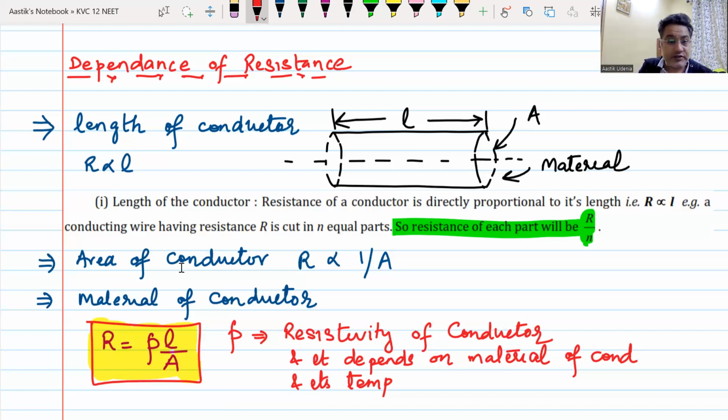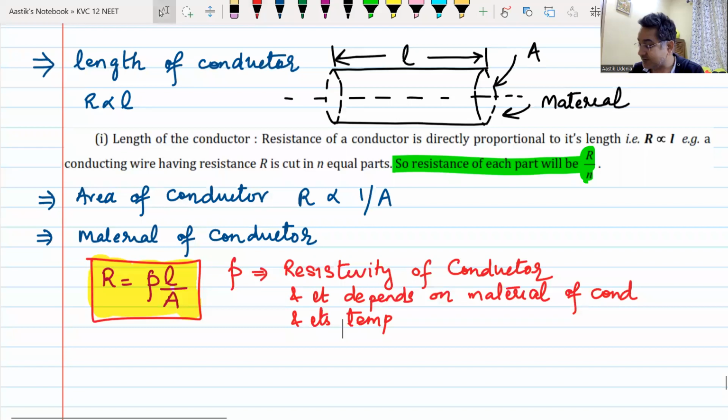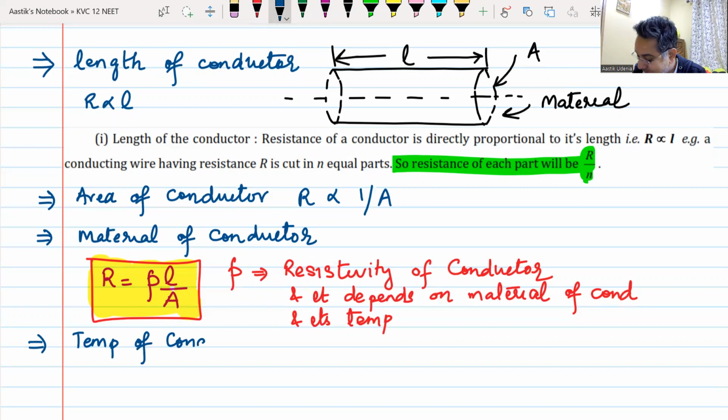So the next term that you have to understand is the fourth term: the resistance depends on the temperature of the conductor. In fact, I can say resistance is directly proportional to temperature.